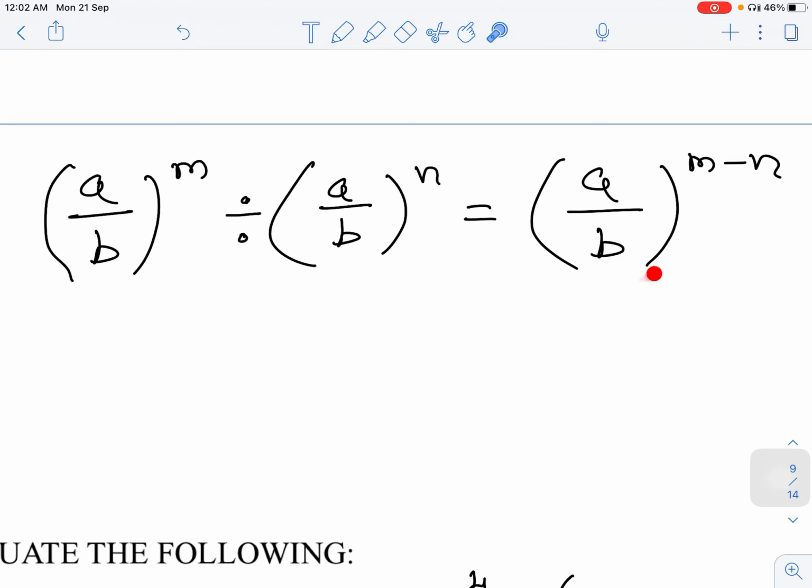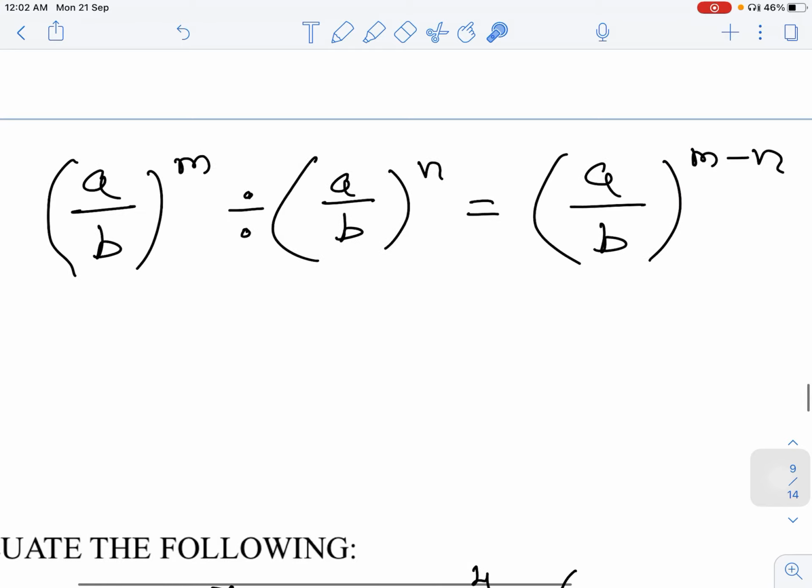We will write the base only one time and we will do subtraction of powers. Again listen, if two numbers with same base and different powers are divided, then we write this base only one time and then we do subtraction of powers.